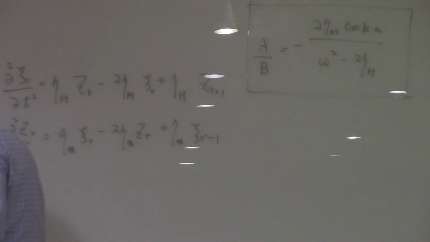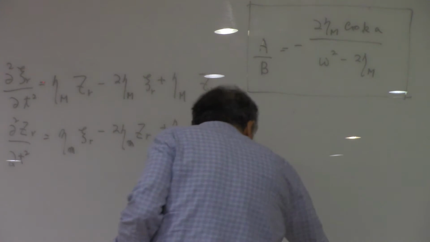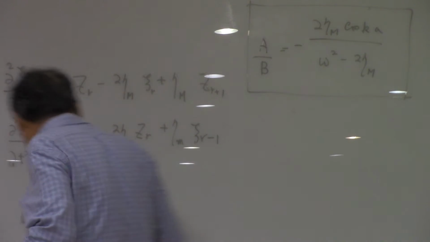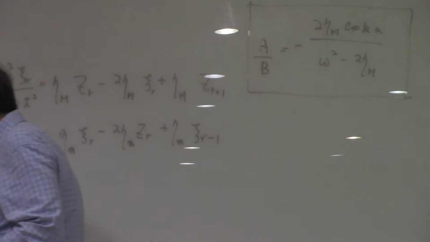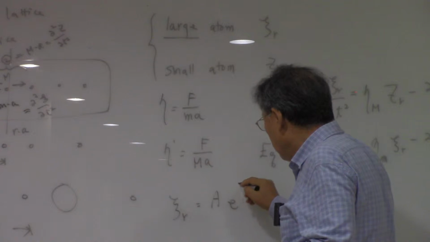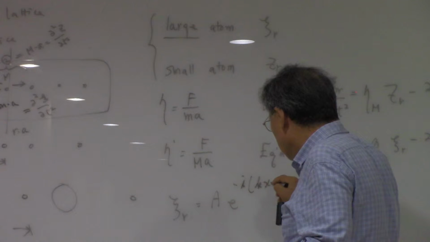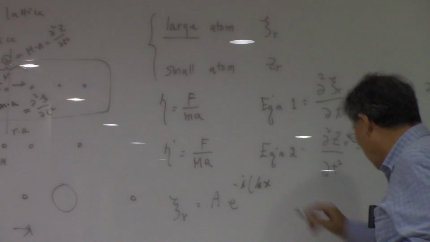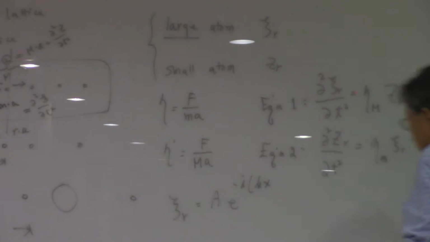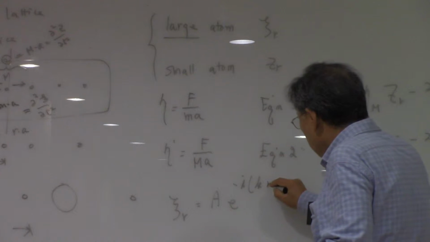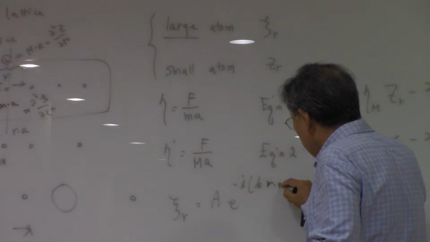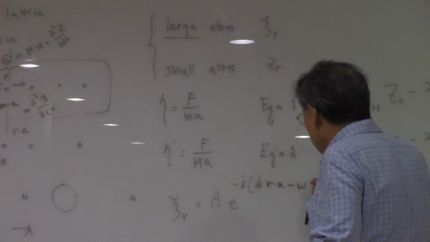In other words, psi R is going to be A e to the minus i kx, where x is going to be R times A, minus omega t, right?